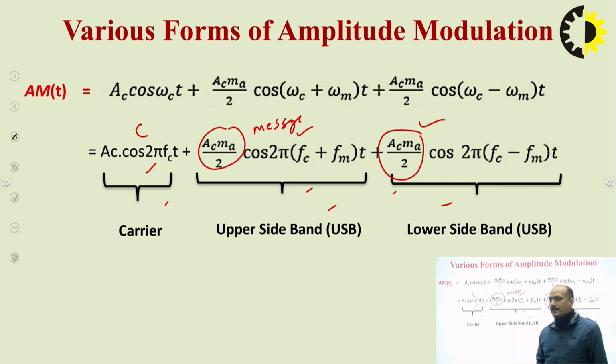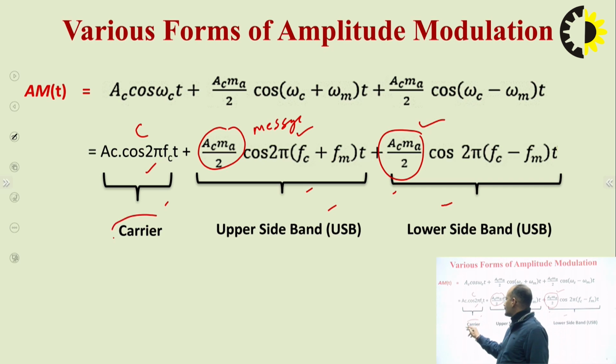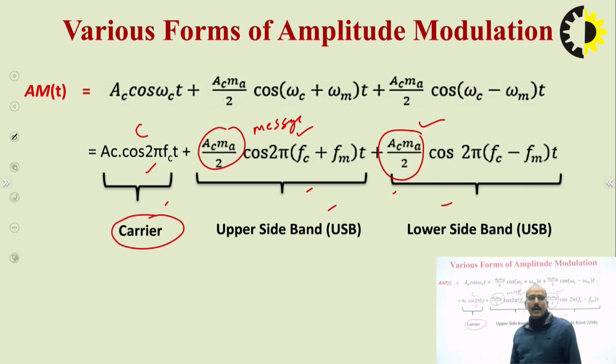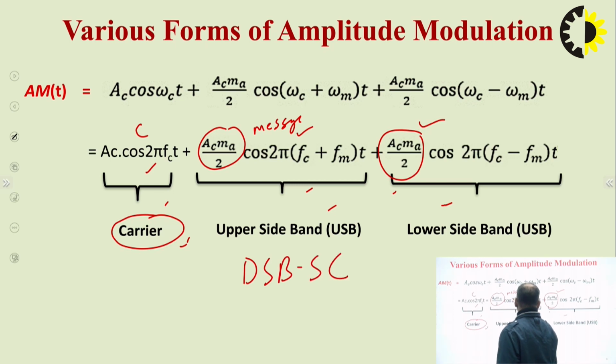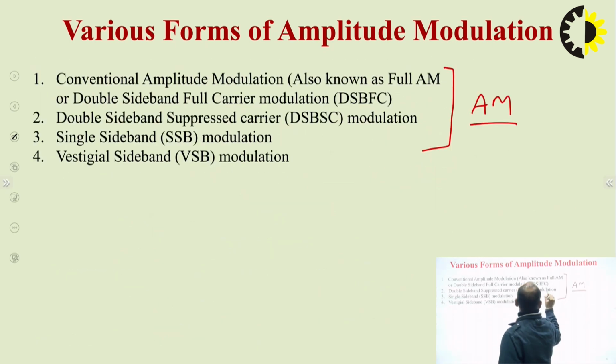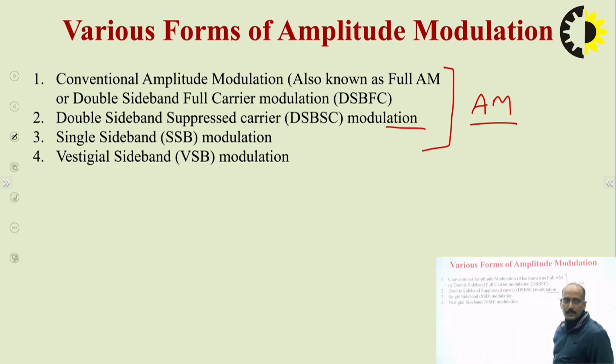But you know that the carrier is actually the unnecessary part of this equation, and unnecessarily it is consuming power. So to improve the power content of the AM, we suppress this part, and by this process we get double sideband suppressed carrier. That is the second type of amplitude modulation.